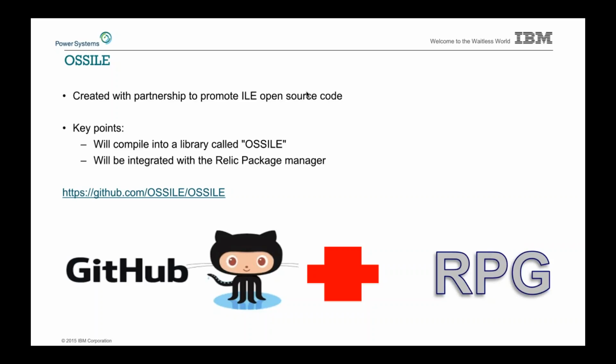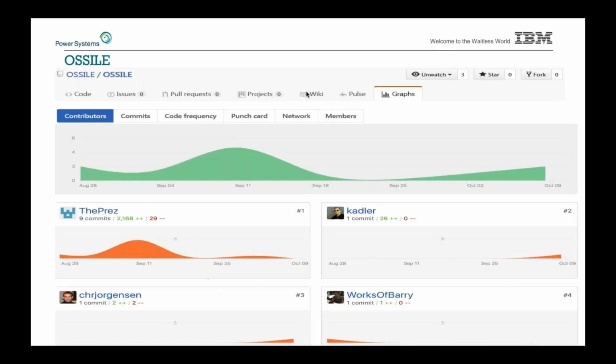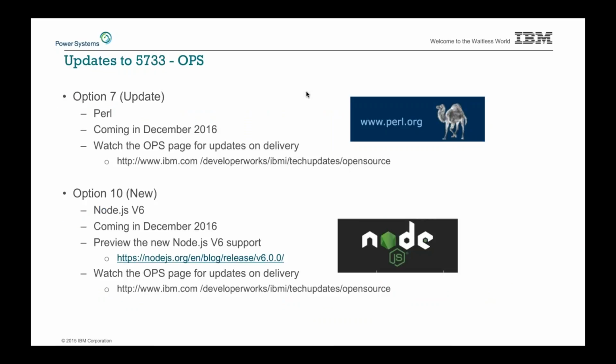So I recommend you go and check that out and contribute. Here's the latest. We've got a couple people that are contributing to this now. We're looking at hopefully ramping that up quite a bit over time. So, an exciting new open source project that we've got started.